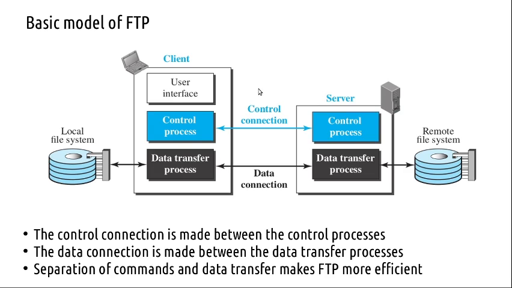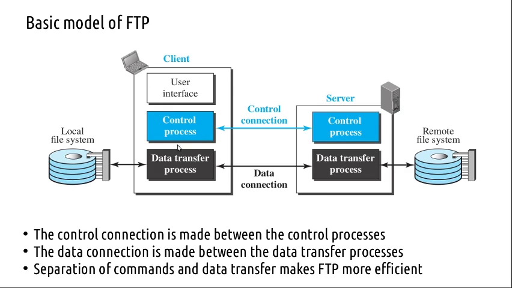FileZilla is an FTP client with a GUI. In earlier days FTP used to be command line based. Now there are many tools like WinSCP with a GUI interface, which is much more convenient. So the user interface could be command line or GUI.